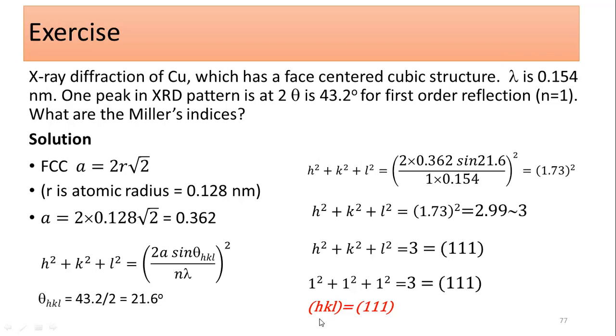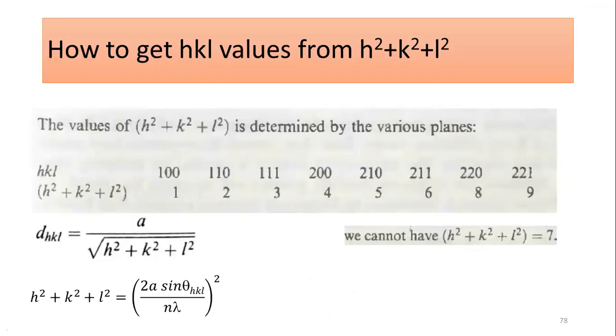And here you can say the hkl plane is 111. So this is the way you can calculate the Miller indices hkl value when the theta, that is the diffraction angle, is given. Here some of the planes are given.